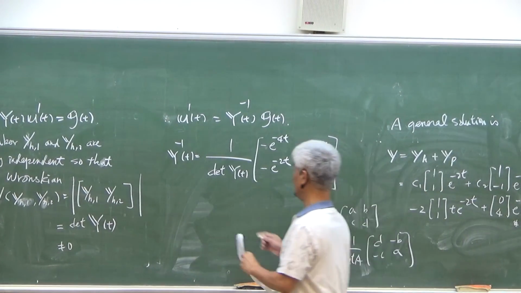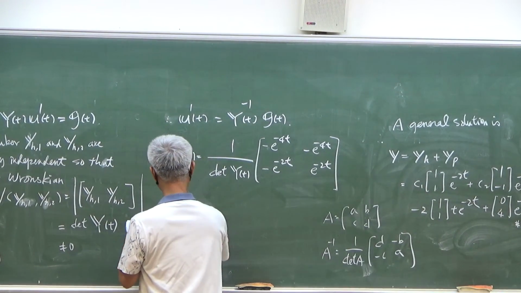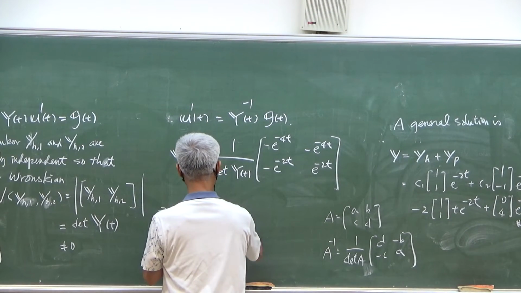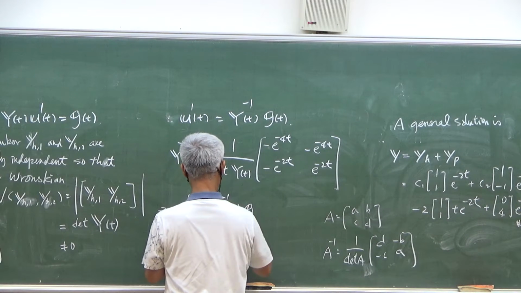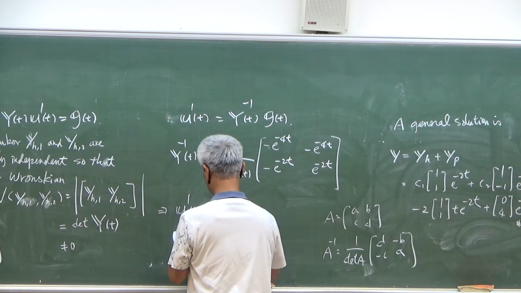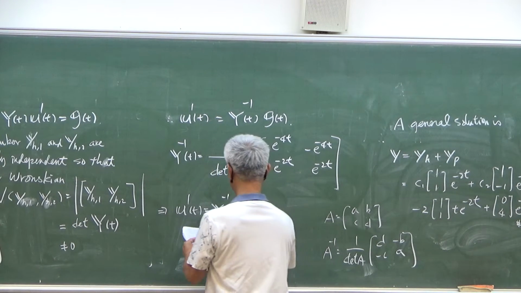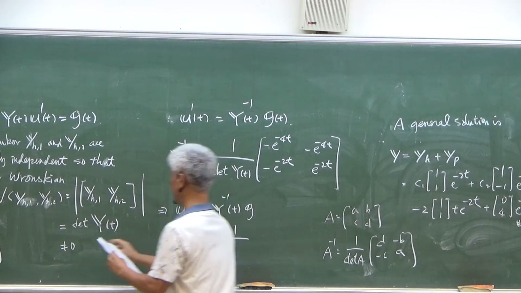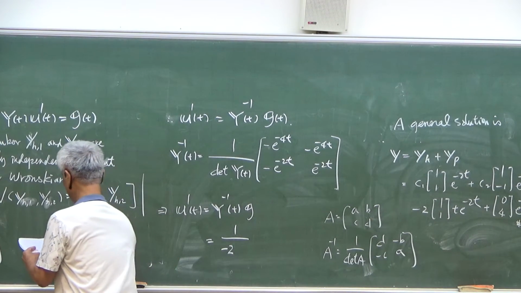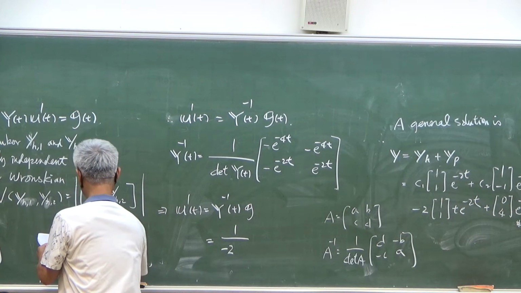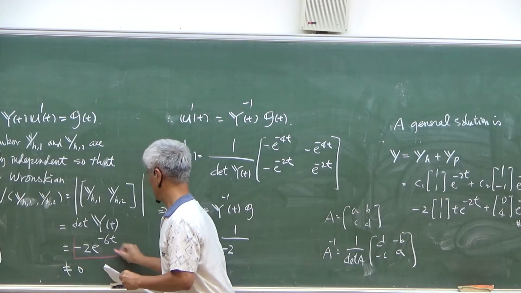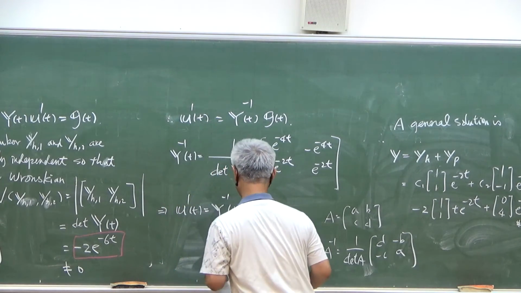Okay. And so that's the U prime of t. It becomes 2. Okay. So you will find that the determinant is minus 2. So actually, yeah, you can compute the determinant. The determinant actually is minus 2e, which is not easy, so I just write down. This is the determinant. Okay.